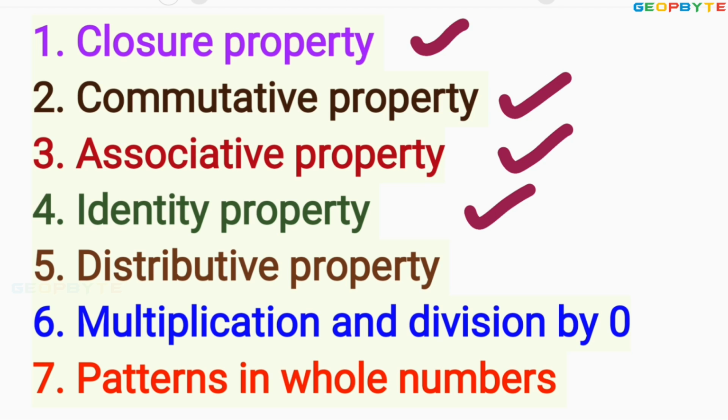Fifth one, distributive property. Similarly, multiplication and division by 0. The last one, patterns in whole numbers. These are all the properties of whole numbers. Shall we discuss one by one separately?